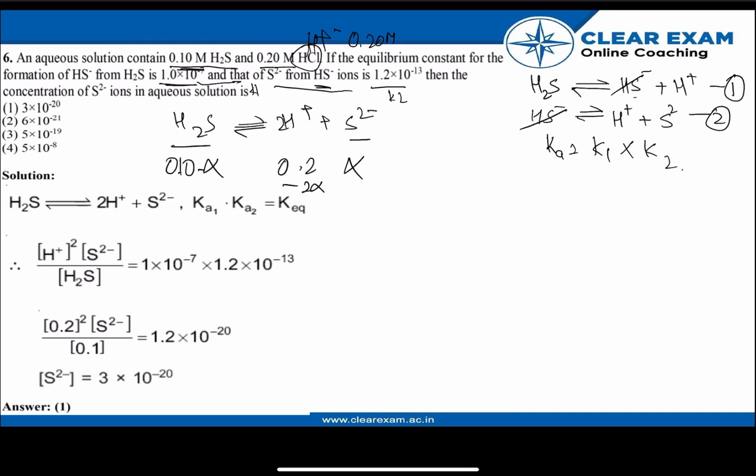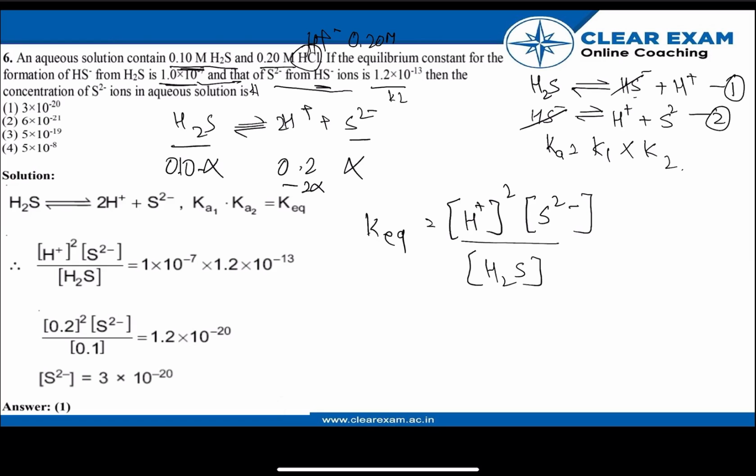Now all that is left is to calculate K equilibrium. K equilibrium equals [H+]^2 [S2-] upon [H2S], which equals K1 times K2.